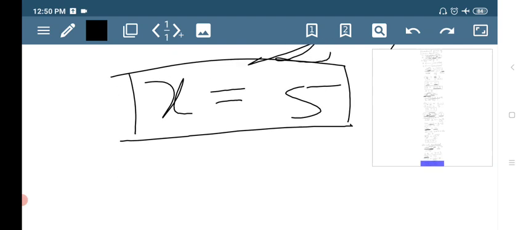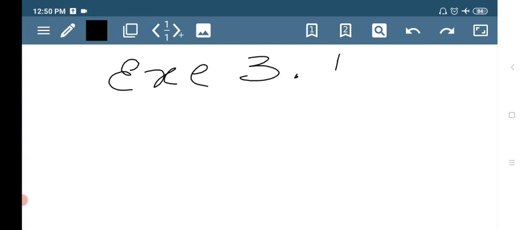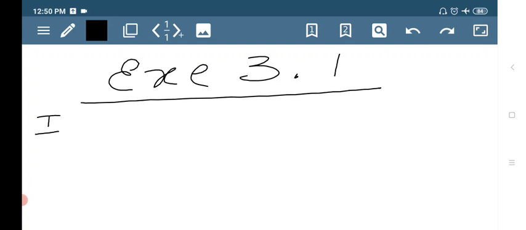so let us follow the second method of solving the equations. So now let us get into exercise 3.1. The first main instruction here is: solve the following.